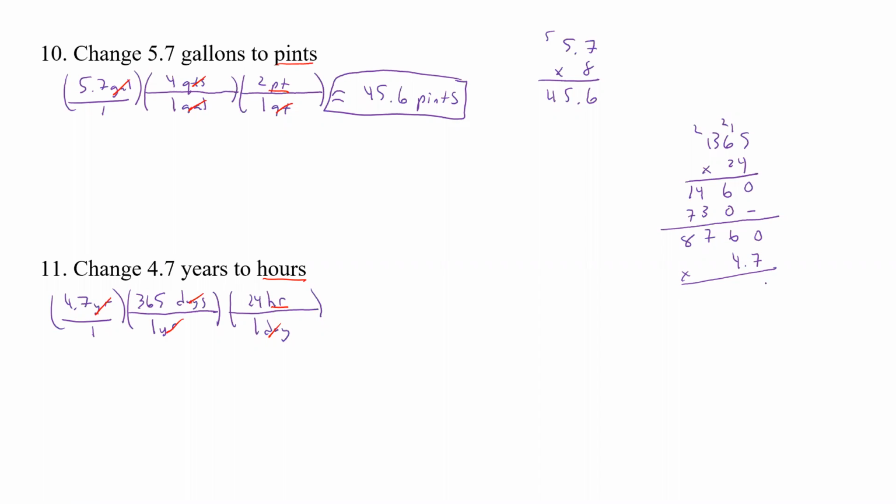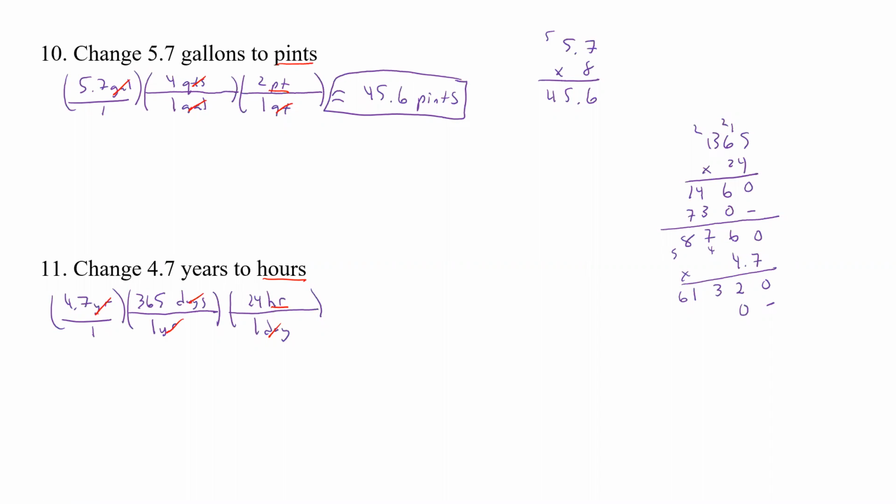Well, 0 times 7 is 0. 6 times 7 is 42. Here we have 49, 53. And then we have 56 and 61. Now we have here, again, if we remember our blank, then this is going to be 0.